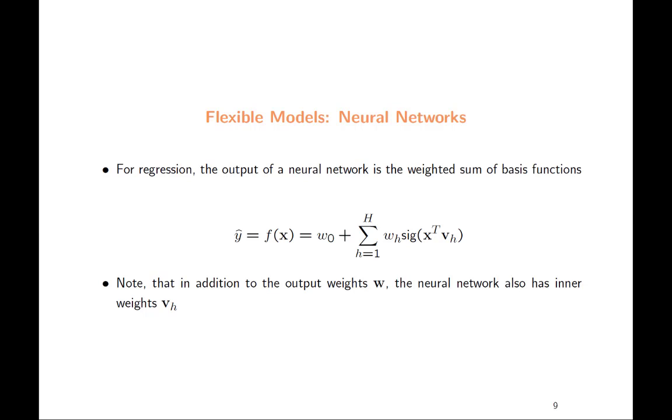So in regression, as before, the weighted sum of hidden units, as the basis functions are typically called, is just the output. So we just say f is a constant plus a weighted sum of the neurons.